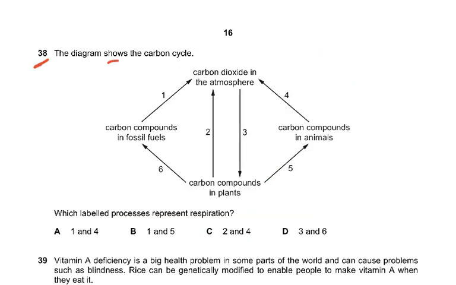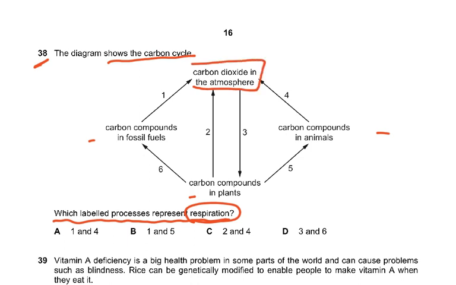38. The diagram shows the carbon cycle: carbon dioxide in the atmosphere, carbon compounds in animals, carbon compounds in plants, carbon compounds in fossil fuel. Which labeled processes represent respiration? Now we have to understand that respiration is when carbon dioxide is going back. So this is the carbon dioxide in the atmosphere. Let's see how many arrows are coming back to it.